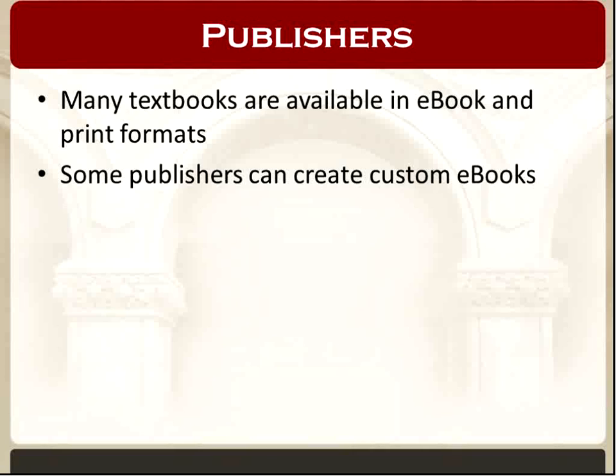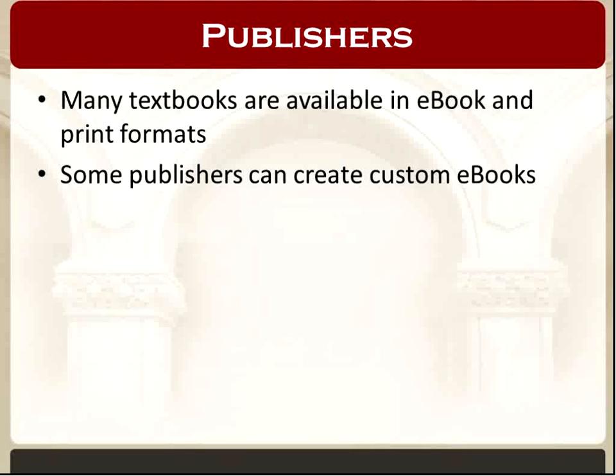In some cases, for textbooks, the textbook publishers will even create a custom ebook based on anything in their library. So you could create an ebook that includes chapters of several different books and combine that into one custom ebook. The downside is that, of course, students can't sell it back.